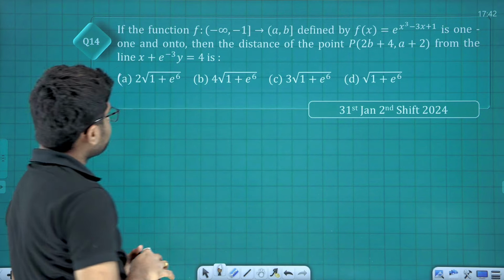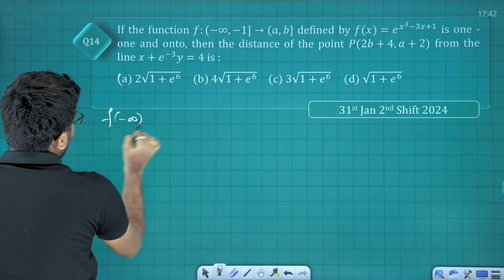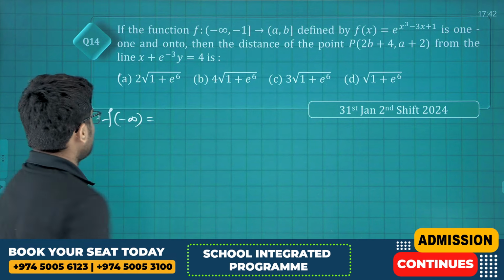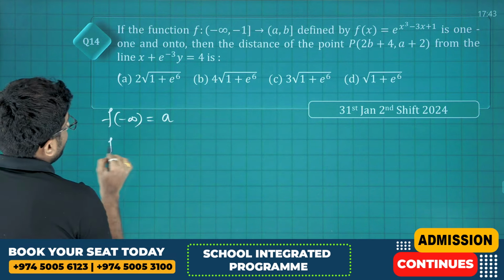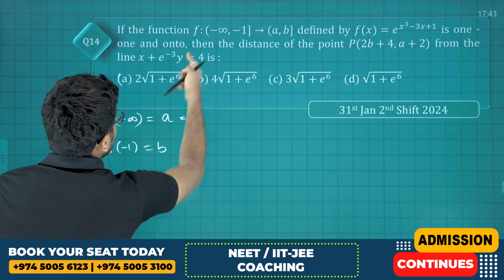So that means, clearly, if it is increasing, for the least input you get the least value, for the highest you get the highest. f of minus infinity should be equal to a and f of 1 should be equal to b. So what is f of minus infinity?